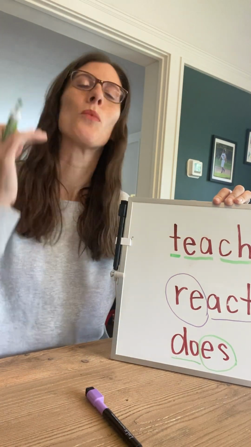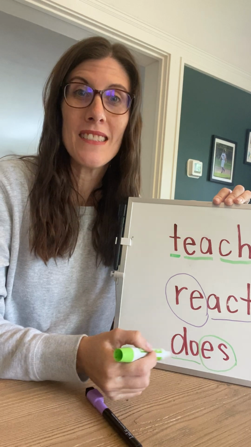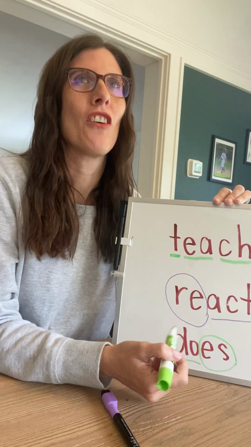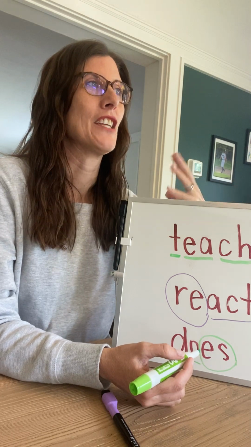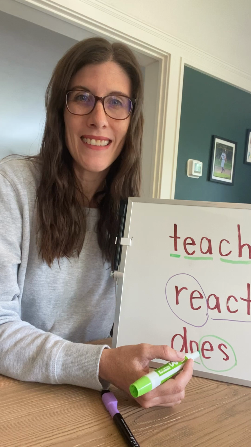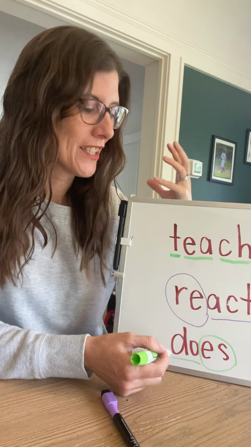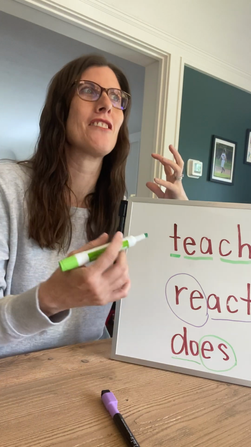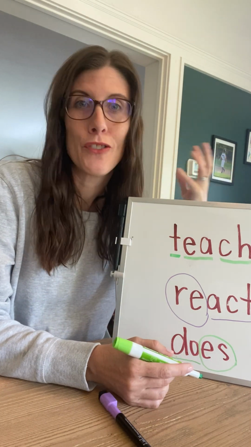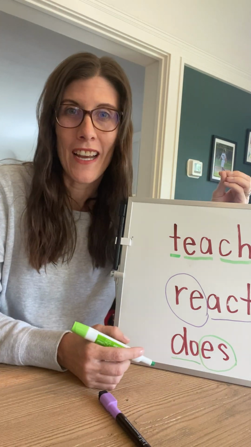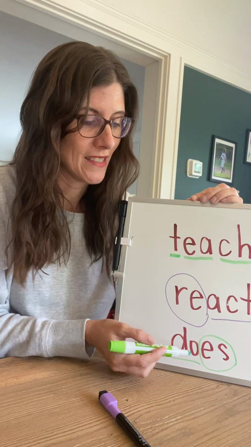So this is the word do, D-O, plus suffix ES. And I'll connect it by saying, I do, he does, I am doing, it is done. So that I can have them hear and make that connection between the words do, does, done, doing, that they all share a common base, which is D-O.